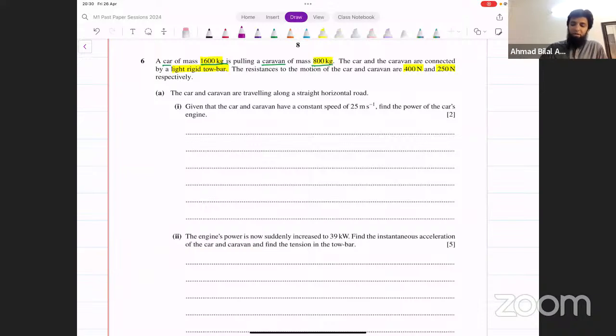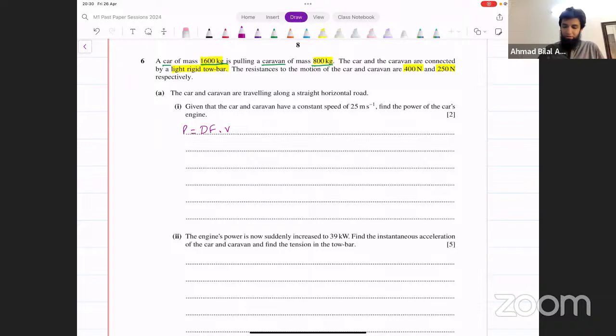Okay, now what's the formula that connects power and velocity? It's power equals driving force into velocity, right? Now we know the value for velocity, but what about the driving force? How do you find the driving force?